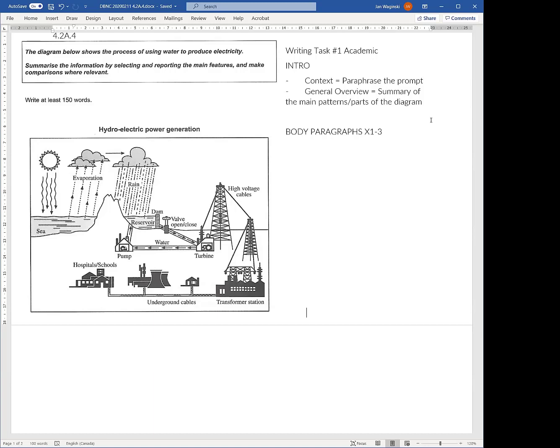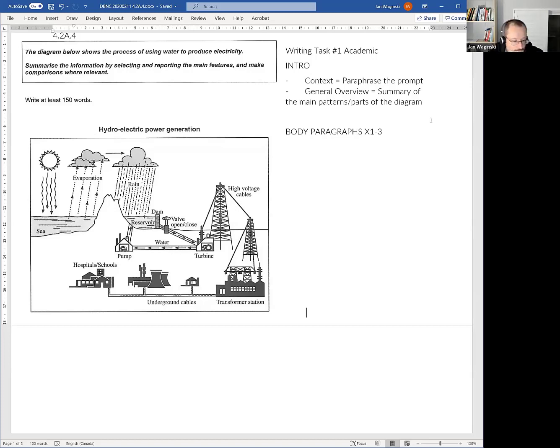Mm-hmm. To the hospitals, schools, houses, and different factories, it looks like. Sorry? It just looks like factories, right? Yeah. Mm-hmm. Factories, homes, yeah. But I don't understand. Was it dam? Dam, it's like a wall? Yes. Oh, and while it opens and closes, it's to let water go or stay. Yeah, stay in the reservoir, like your sink. Yeah.